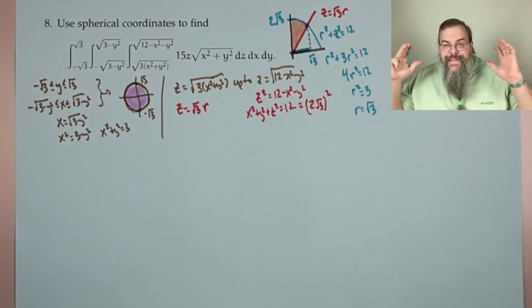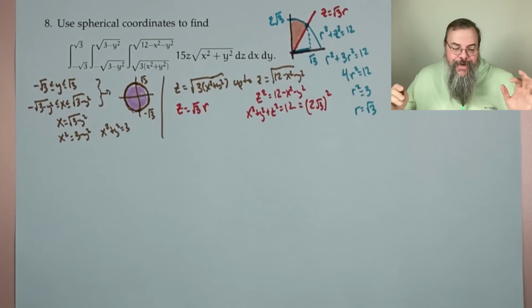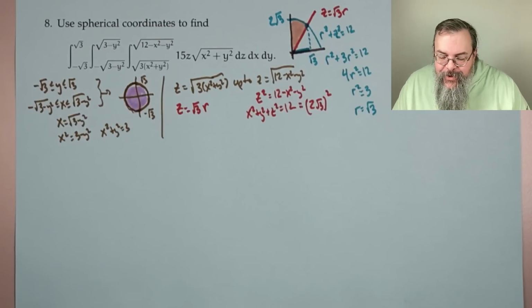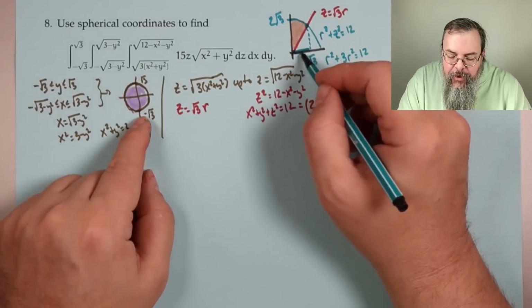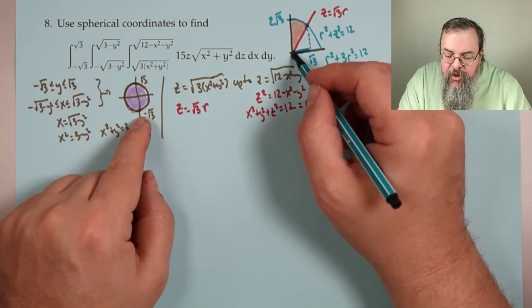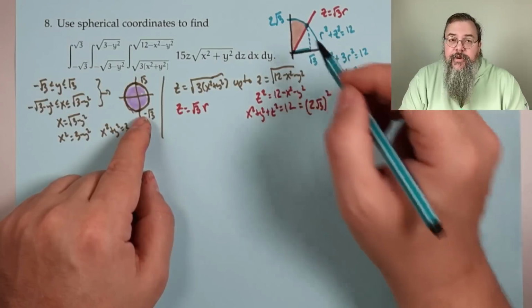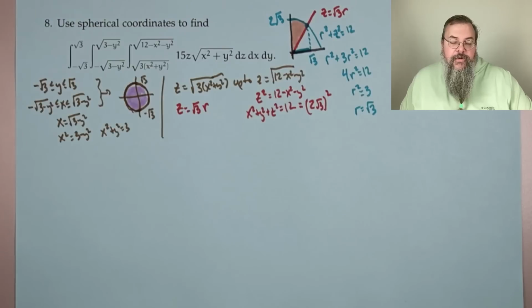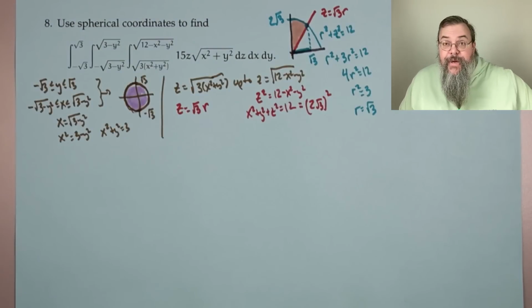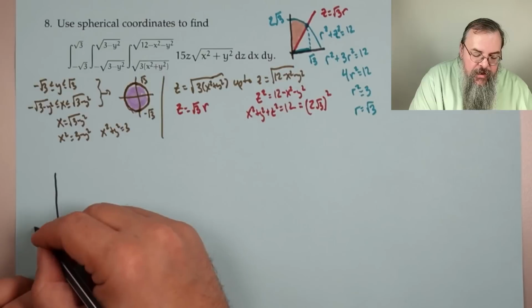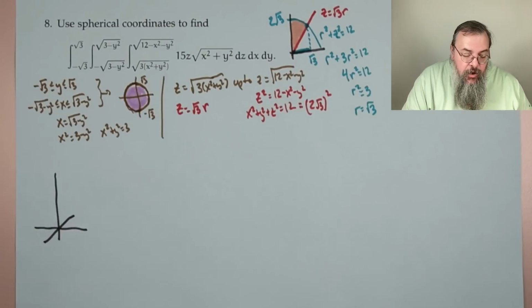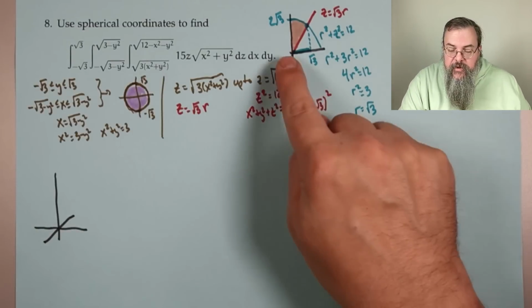So, everything has perfectly aligned. This really, truly is our region, right? Because we're down in the xy plane, we're going over our circle of radius root 3. So that means we're exactly capturing this shape. So what do we really have? In 3 dimensions, we have the following picture. We have a cone coming up. So there's a cone.